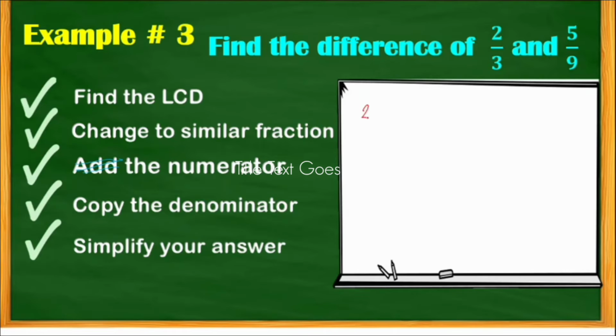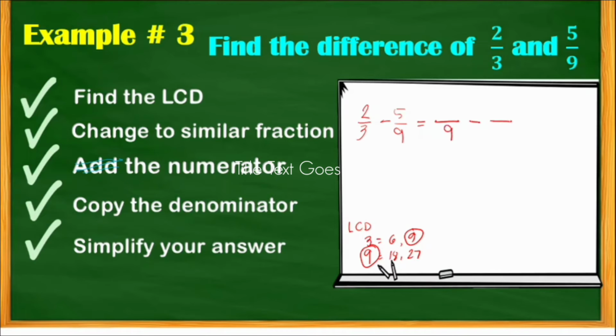The given is 2/3 subtracted by 5/9. The LCD of 3 and 9: we have 3, 6, 9, and 9, 18, 27. So the least common multiple of 3 and 9 is 9. So the common denominator of both fractions is 9.